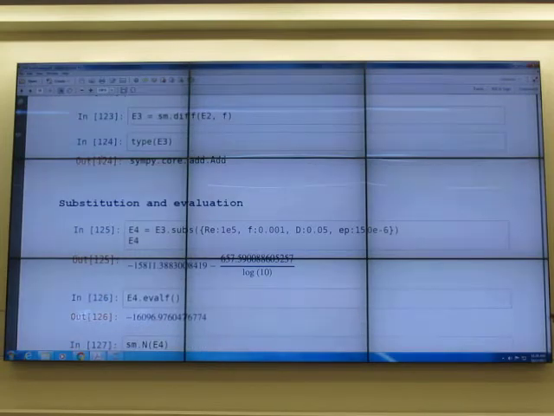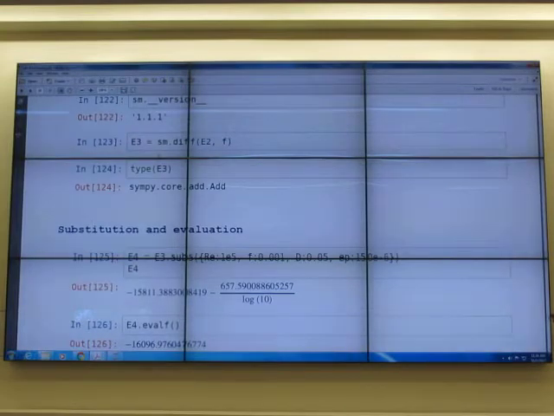Next, let's talk about substitution and evaluation. You have the equation E3, which is the differentiation result. Now, if I want a number, what do I do? I can do E3.subs and give the dictionary mapping between variable name and variable value.